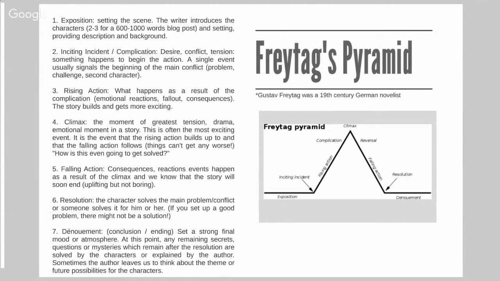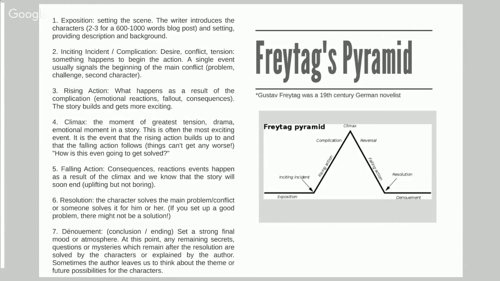Here, and I will close with this, is Freytag's Pyramid. Gustav Freytag is a 19th century German novelist who created this legendary pyramid structure to talk about the structure of novels and fairy tales. And we all are familiar with fairy tales because we've been exposed to them from the very beginning after our births, when our parents would be reading fairy tales to us.